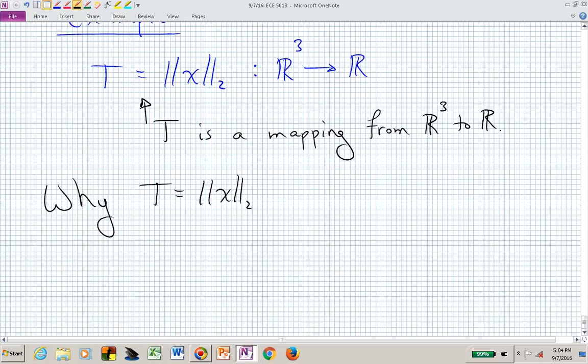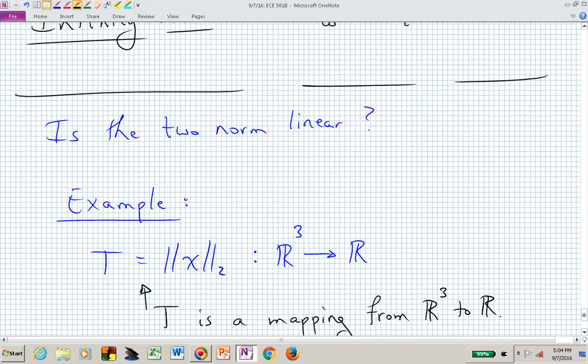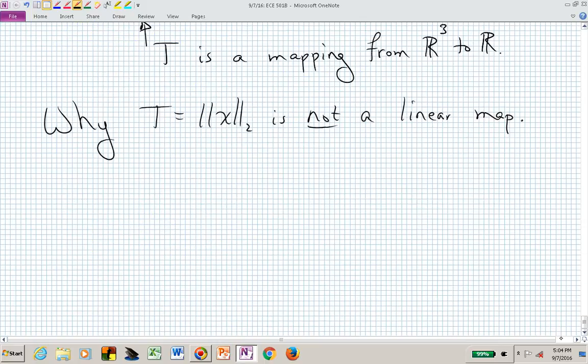So here we want to demonstrate why T, which is the 2 norm, is not a linear map. Is the 2 norm linear? The answer is no. And now we just have to come up with one example, a counterexample.